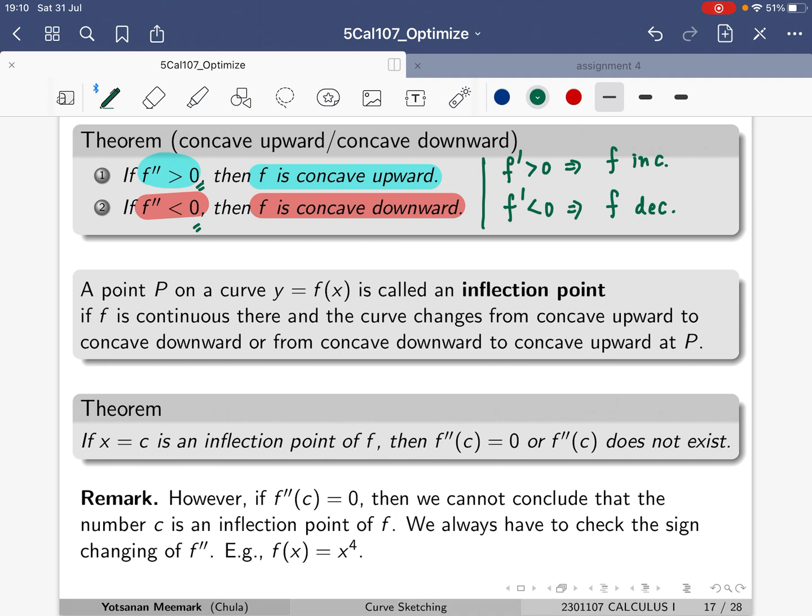Okay, a point P on the curve is called an inflection point if your f is continuous there.